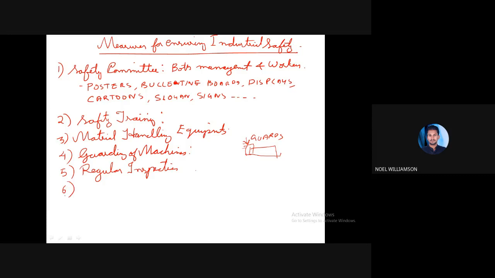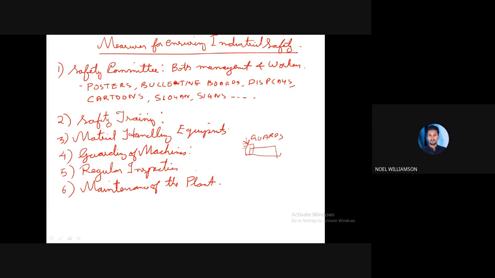And next one, maintenance of the plant. So this is the case of the plant as a whole. So the plant as a whole should be maintained in a good condition always.